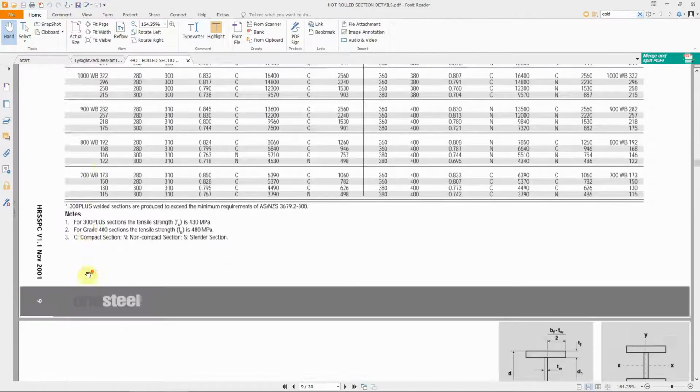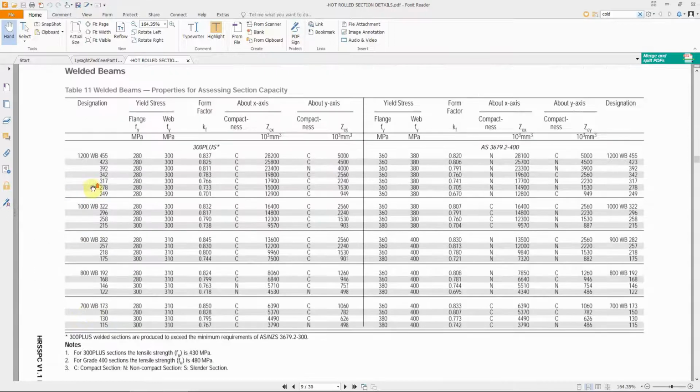They range between 700 welded beam all the way to 1200. Those sizes, we use them when the standard beam members, what we call universal beams, are not large enough.